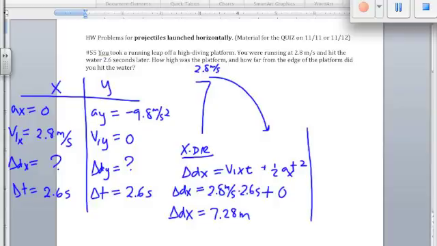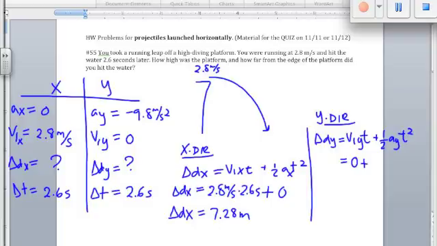In the y direction, we're going to do the same thing. The values are different, but it's the same method. So I'm going to use the same equation, except remembering this time I'm only using y quantities. So v1y is 0 because this is a horizontally launched situation. The person is only running horizontally when they leave the platform.